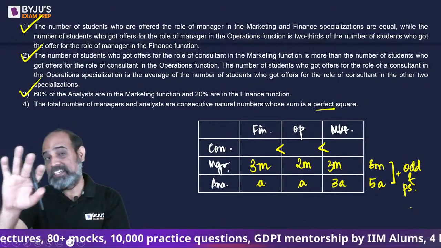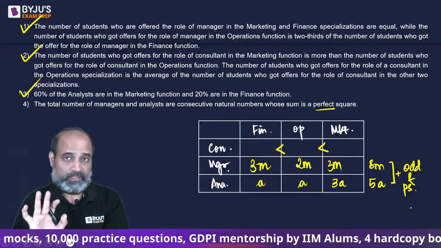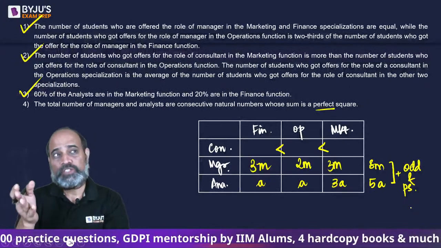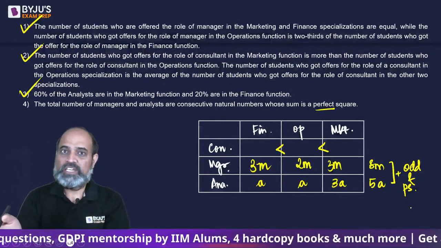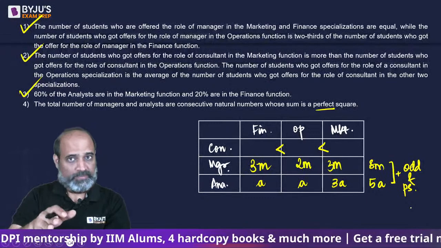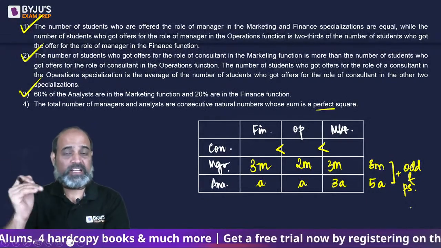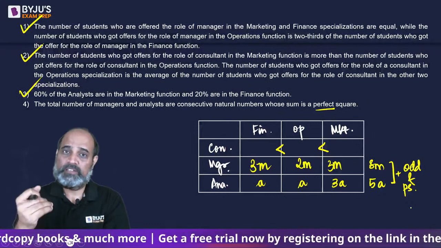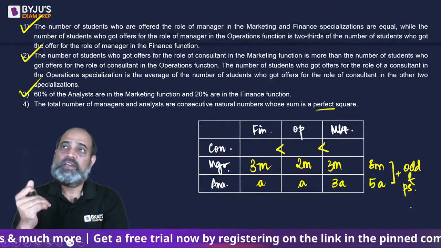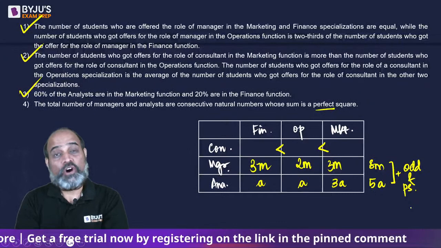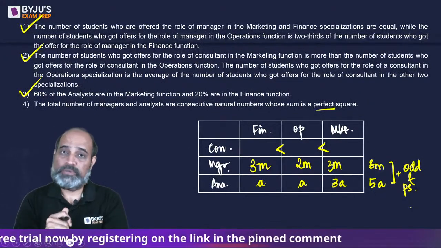Now, since the total number of people here is 64, we need to think of a scenario which is less than 64, because consultants will be a certain number of people, right? Managers and analysts together will be a number less than 64. So it's less than 64 and it's odd and it's a perfect square.